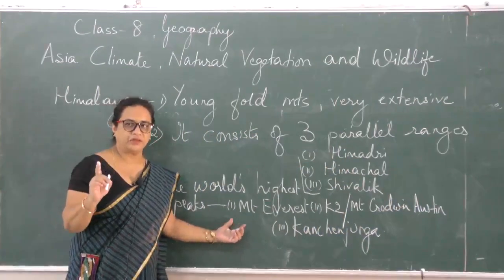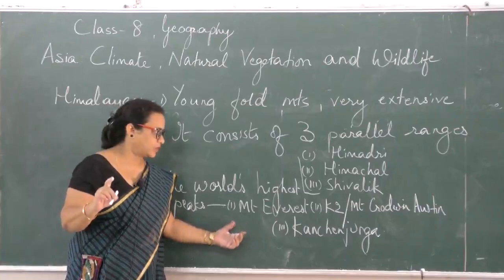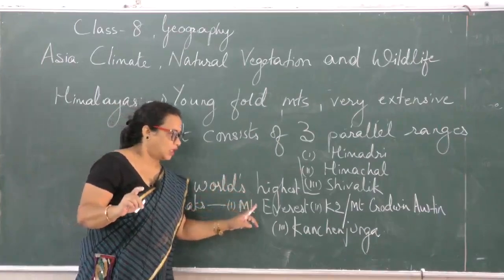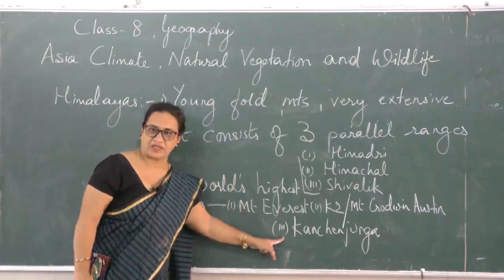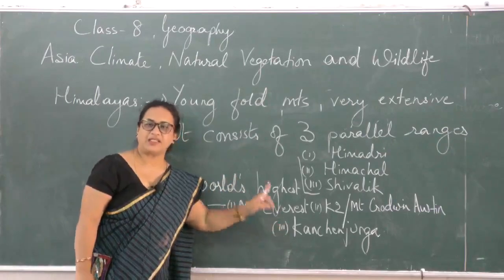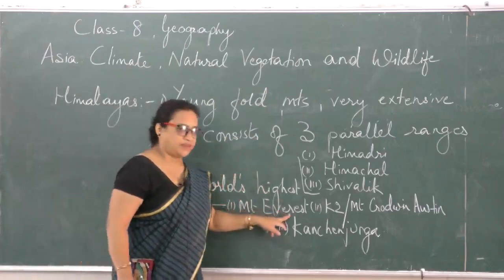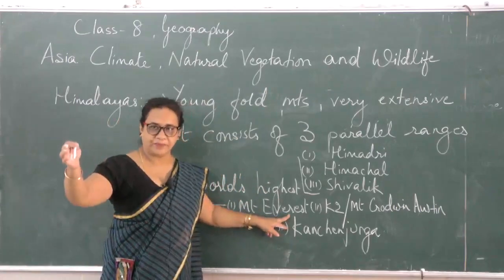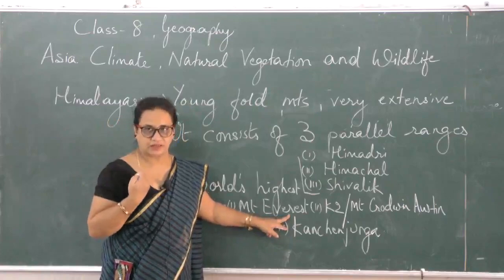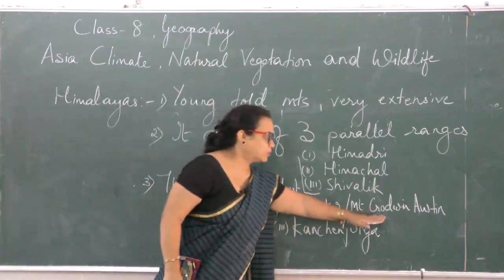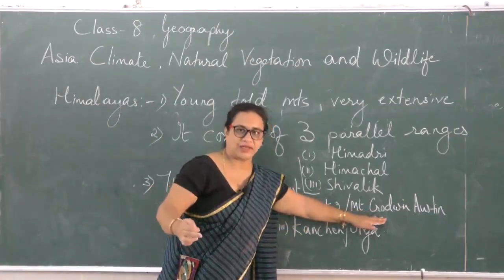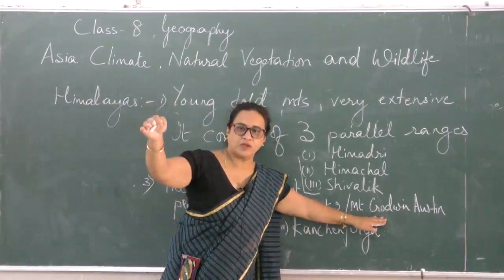One important information I want to give you. The third highest peak in the world is India's first highest peak. Clear? Everest is in the border of India and Nepal, so we don't count it as ours. We share it. Mount Godwin-Austen was actually in India, but it has gone into a disputed area.